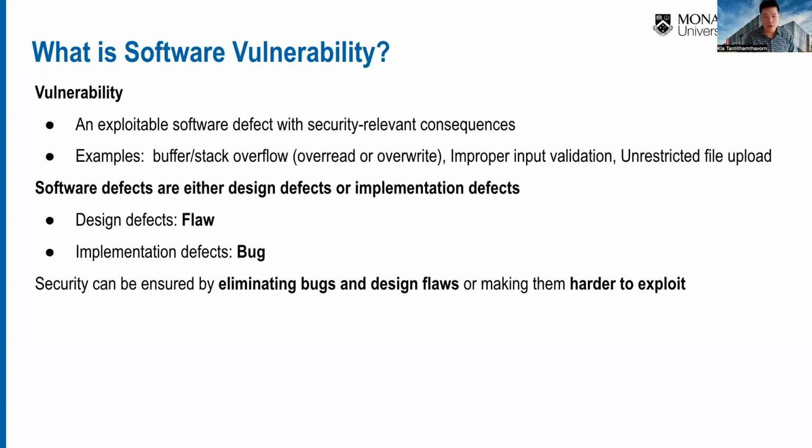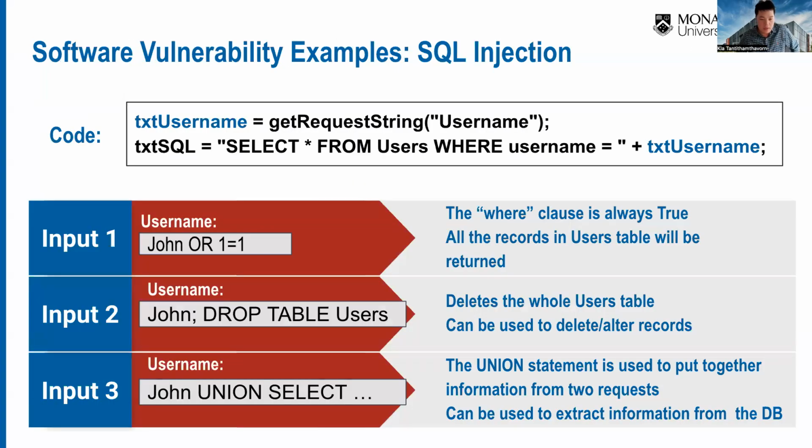Security can be ensured by eliminating bugs and design flaws or making them harder to exploit. So we need to think about how to design the system so that it is harder to hack and exploit. We're going to talk about that in this lecture.